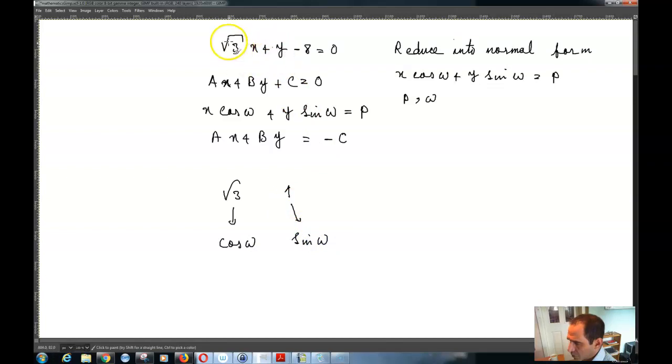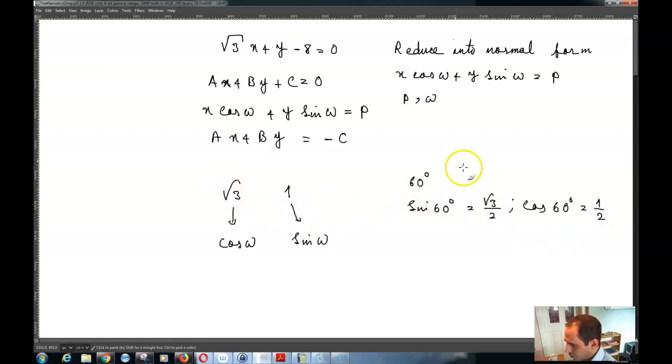So you need to somehow arrange these numbers in such a configuration that you can say, for example, let's go for 60 degrees. So sine 60 degrees is equal to square root of 3 by 2, and cos 60 degrees is equal to 1 by 2.